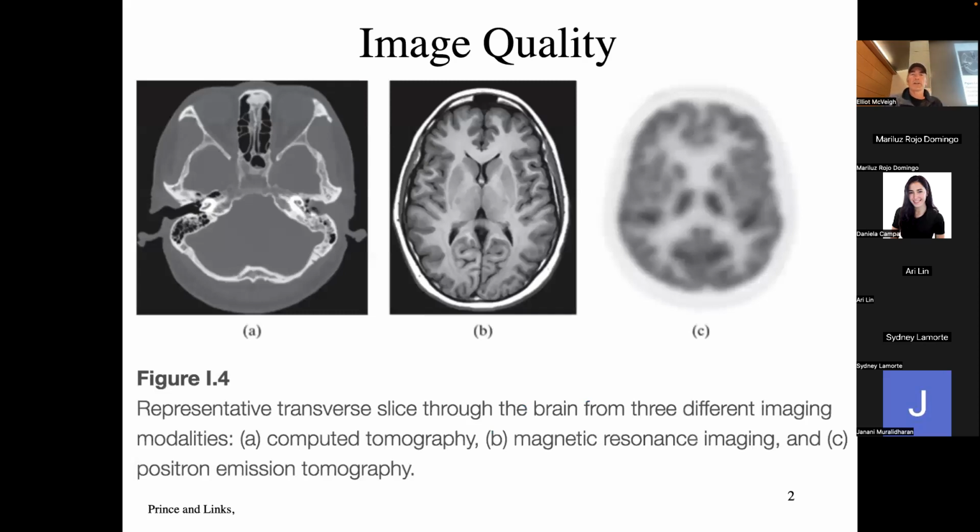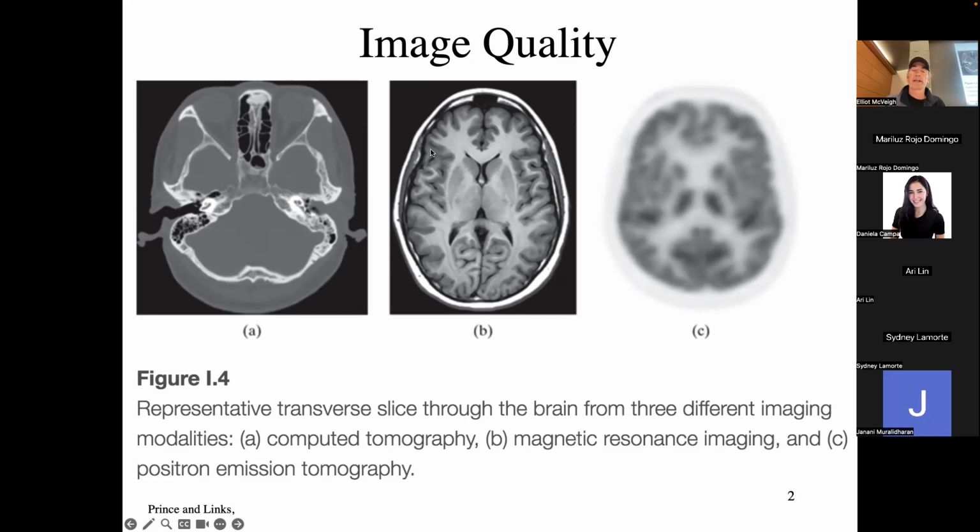Okay, so we're going to dive into defining image quality, a very general concept, right? So here's 3 different images from different modalities. This is X-ray CT, this is MRI, and this is positron emission tomography. And they obviously have different appearances, right? The contrast between different types of tissue in the MRI is quite stark.